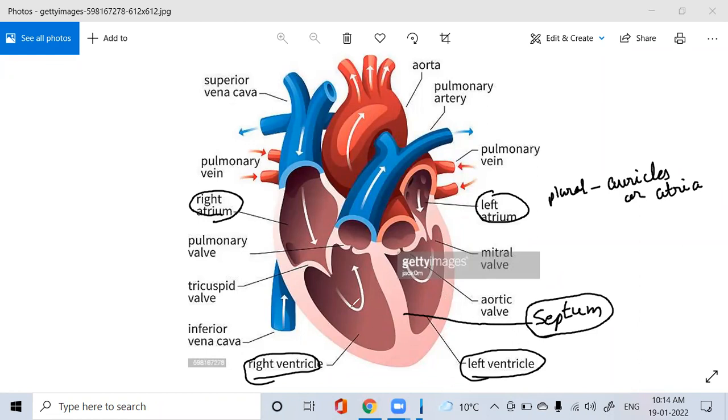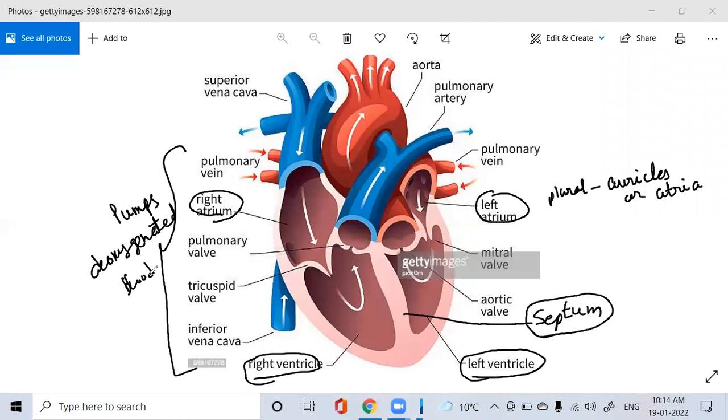Now the right side of the heart pumps deoxygenated blood. This side pumps deoxygenated blood, meaning carbon dioxide rich blood, right? And the left side, this one, pumps oxygenated blood.